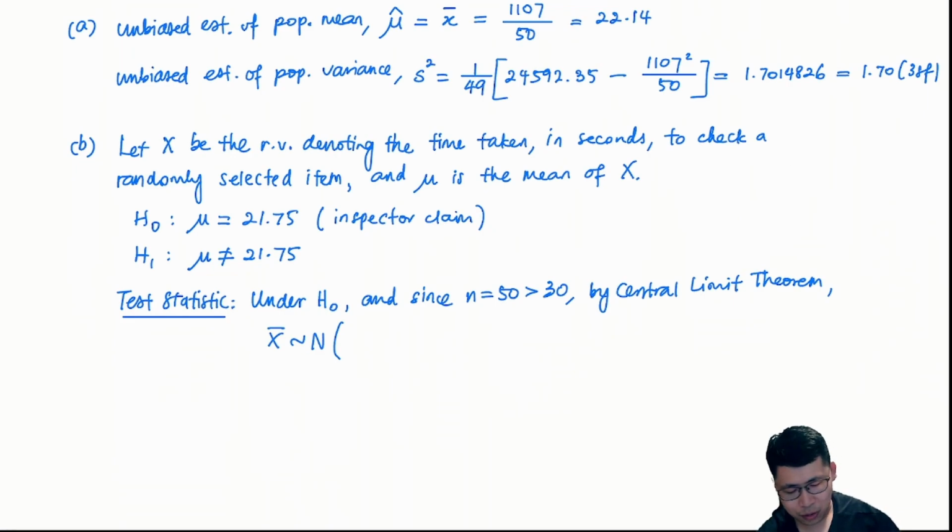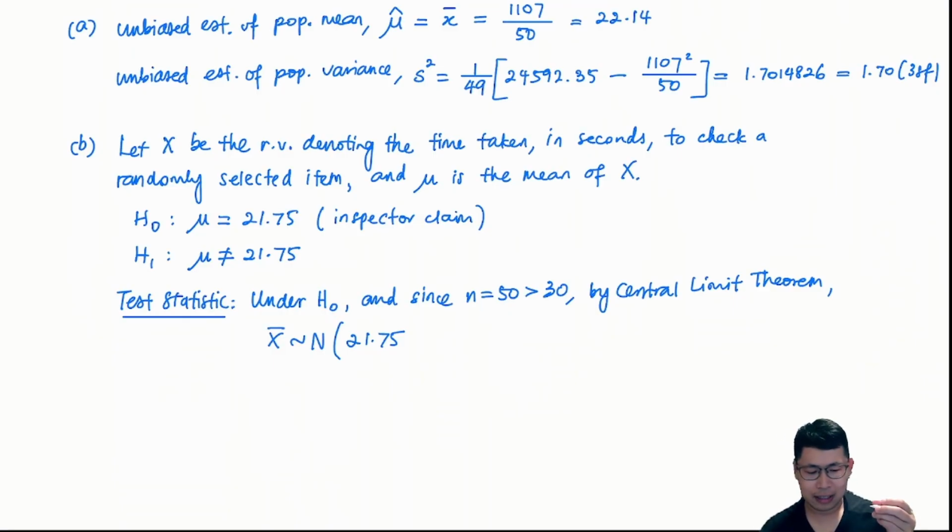Once again, for a normal distribution we need the mean and variance. Assuming that H naught is correct, this is our population mean. So we need the mean 21.75, which follows from the null hypothesis, under H naught.